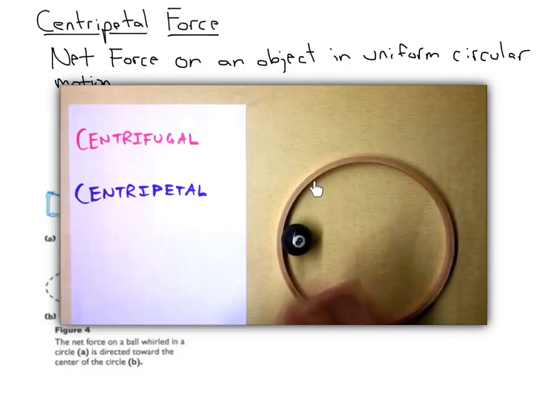Here what we're going to do is have a ball rolling around the ring, and I want to ask you two questions. The first question is, what provides the centripetal force to keep the ball going in the circle? And the second question is, if the circle's removed as the ball is going around, so let's say the ball is here, and the circle's removed.